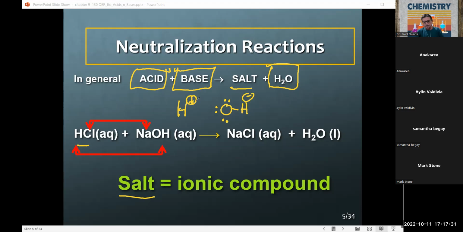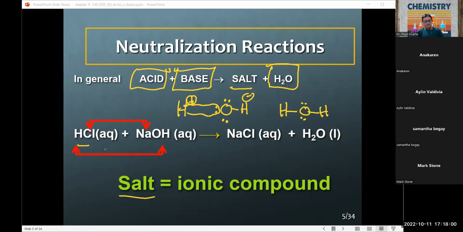Okay. Guess what? We've got a positive and a negative. They come together one to one. Now, what's going to happen is one of those lone pairs is going to connect with the empty orbital of the hydrogen to form a bond. Okay, and hence you create water. You neutralize it.